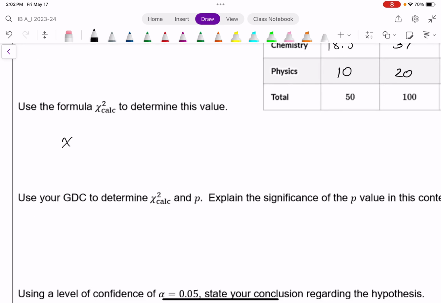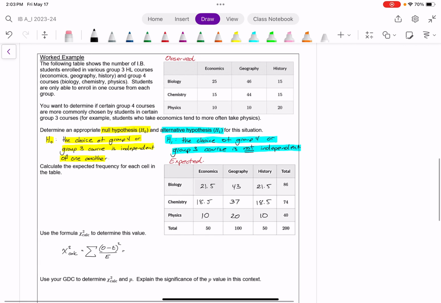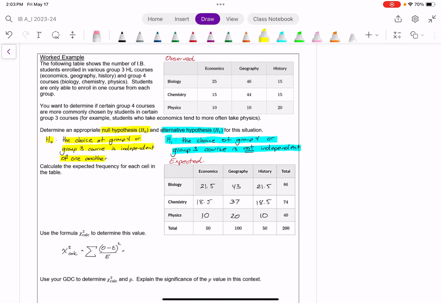So chi squared, it's going to be, again, the sum of observed minus expected squared over the expected. So for example, the first one I'd look at is, it doesn't really matter what order I subtract, so I'm just going to square it, but observed 25 minus 21.5. Then I square that, and then I divide by the expected amount, 21.5.